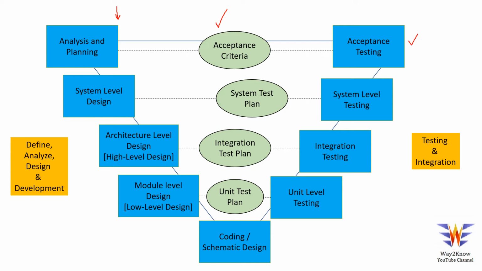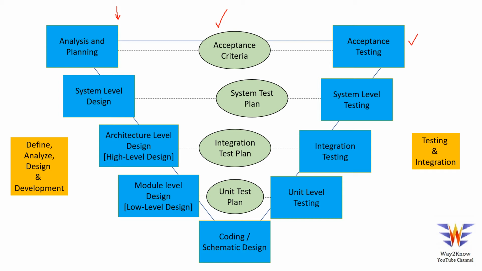Once the analysis and planning is done, we come to the system level design. System level design includes a high level design where we have a system test plan in place, and this system test plan includes all the features that need to be tested at the system level. So this is strongly linked to the system level testing.